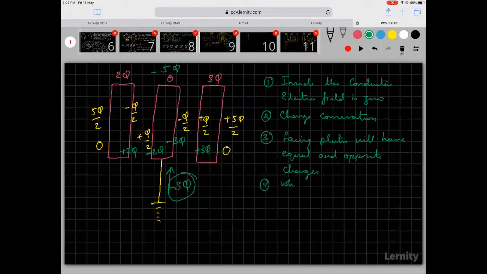When you ground or earth something, the charge on the outer surface, not plate, will be 0.